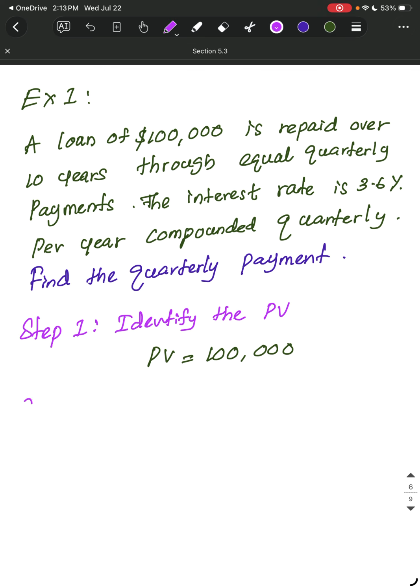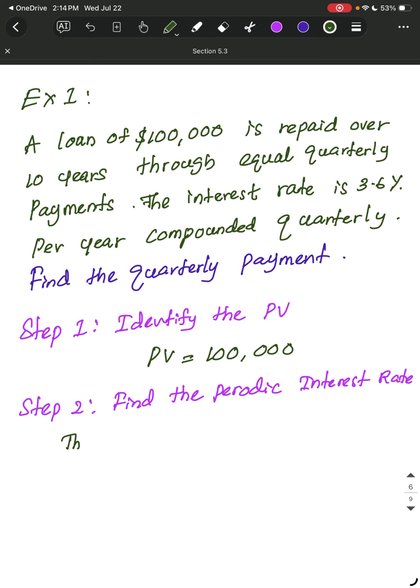Step 2, find the periodic interest rate. The annual rate is 3.6%, that means r equals 0.036.